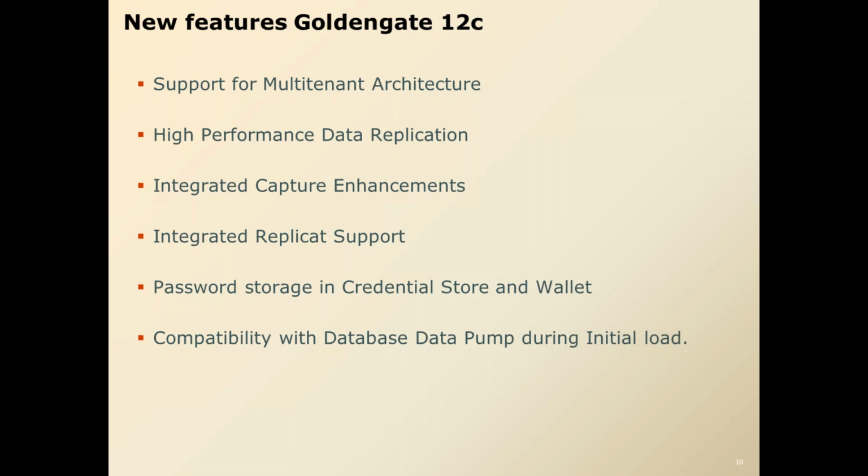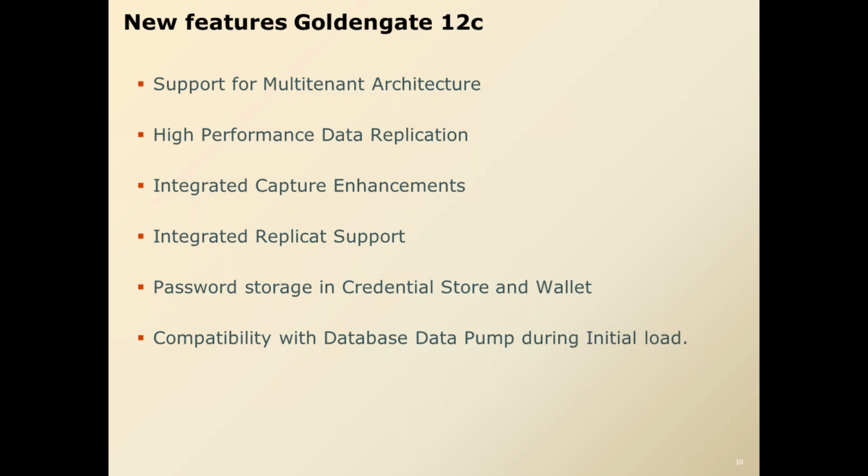Then the security of Goldengate has been increased tremendously. So password storage, credential store and wallet. Earlier, apart from replication or data integration, every organization's main worry is data security. Their data should never be visible to the outside world, or the passwords of users you are creating for Goldengate replications.